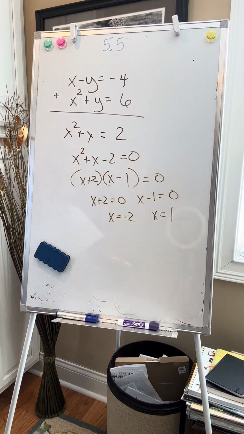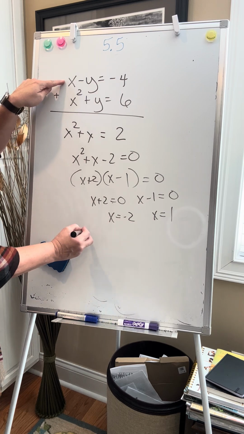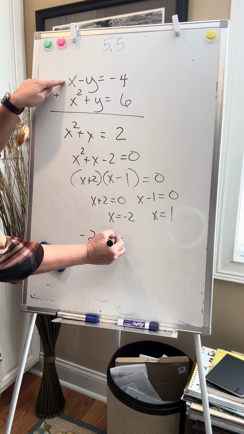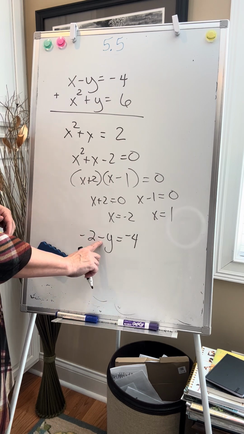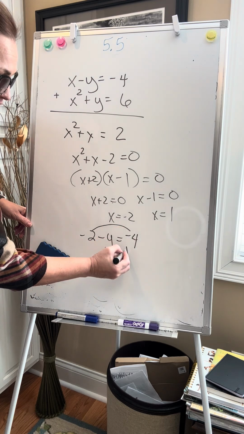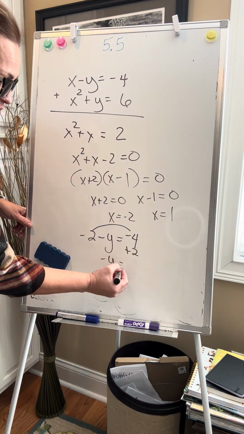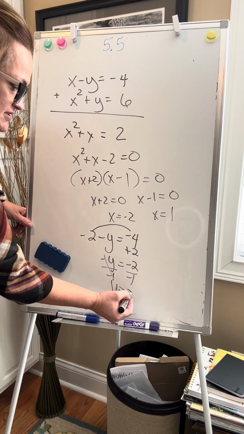I think we're going to have different answers for y this time, though, so not exactly the same problem, but similar. So first one, I'm going to do x is negative 2, minus what equals negative 4. So solving that equation, negative 2 minus what is negative 4 is really what it's saying. To solve it with our little method we use, you might already kind of just know what works there is positive 2.